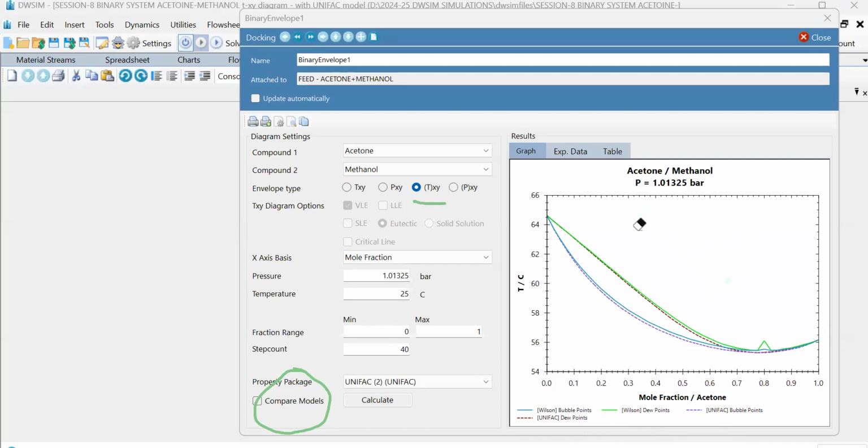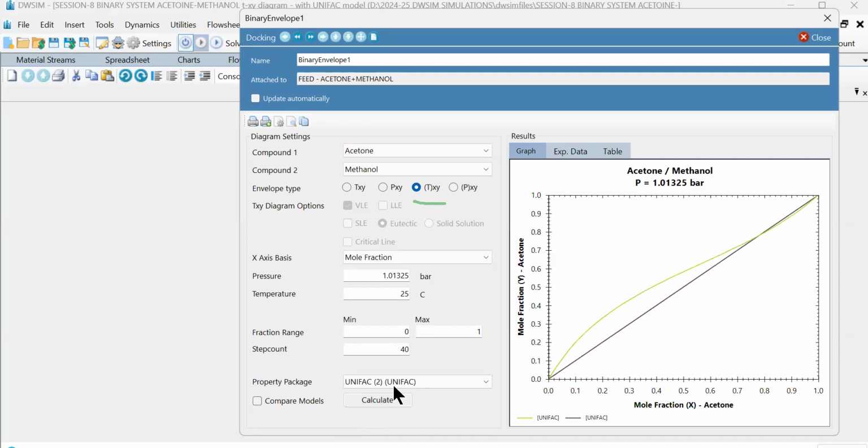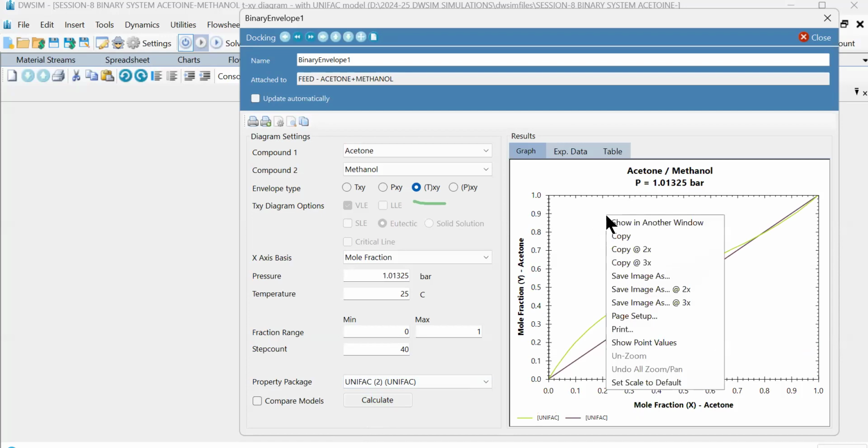I come back again, and now I calculate T of XY, right? I am choosing UNIFAC, calculate it. Now it is again calculating. Yeah, now see. This is how the graph is seen. If I want to, I take this, save image, show in another window.